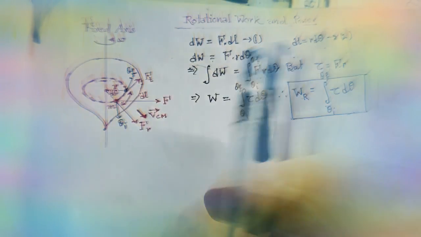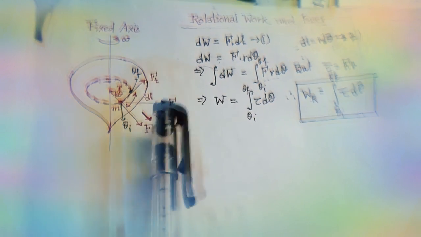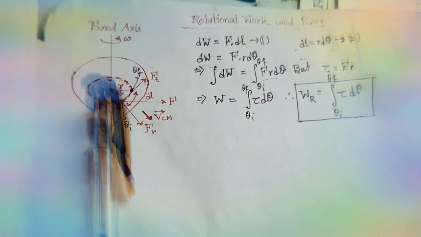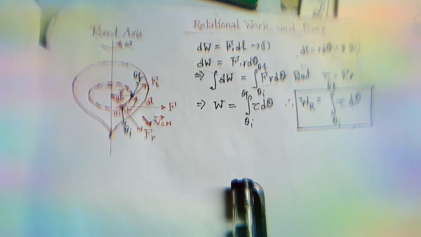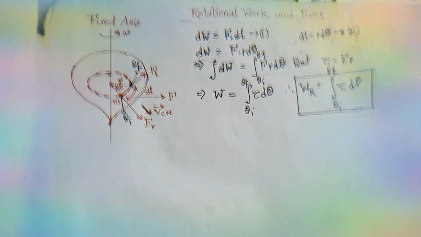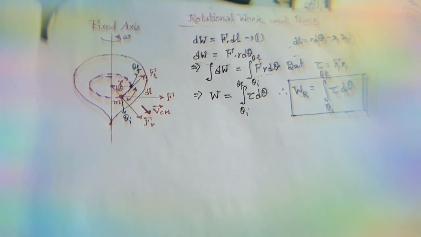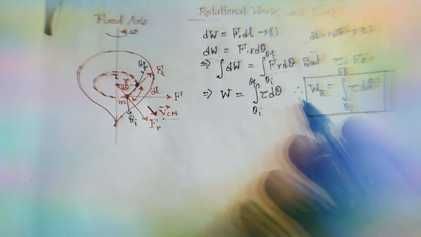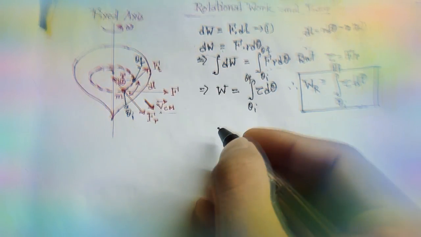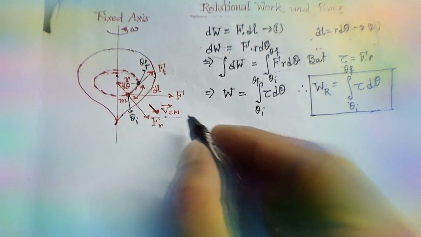Now let's say this rigid body is rotating and at the same time it is translating, or in simple words, it is rolling. For rolling motion there will be a velocity of the center of mass of this body. Let the velocity of the center of mass be vcm.